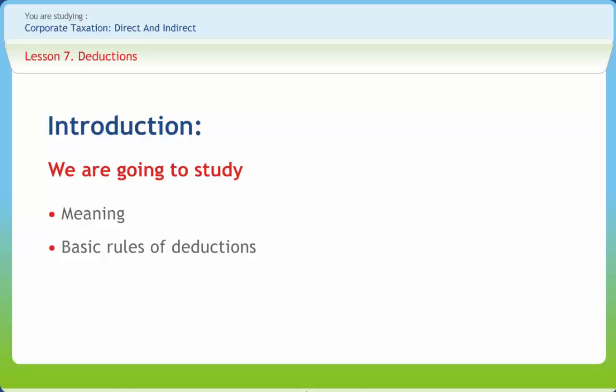If in computation of GTI of an association of persons or body of individuals any deduction is allowed under 80G, 80GGA, 80GGB, 80GGC, 80HH, 80HHA, 80HHB, 80HHC, 80HHD, 80I, 80IA, 80IB, 80J or 80JJ, no deduction under the same sections shall be allowed while computing total income of a member of the AOP or BOI.